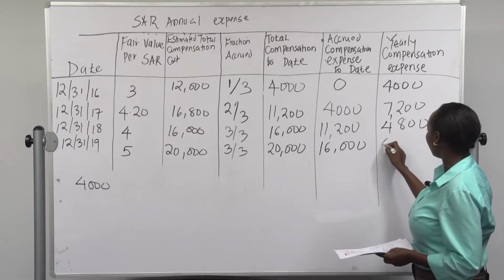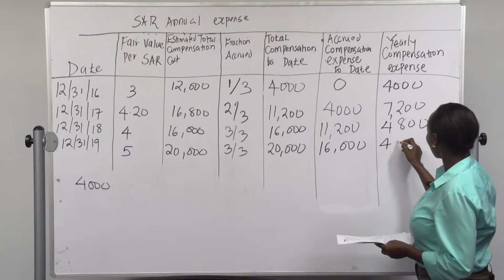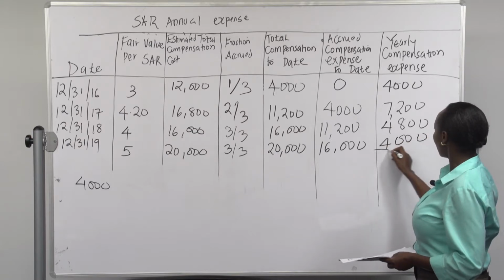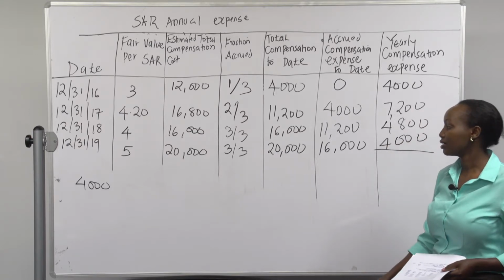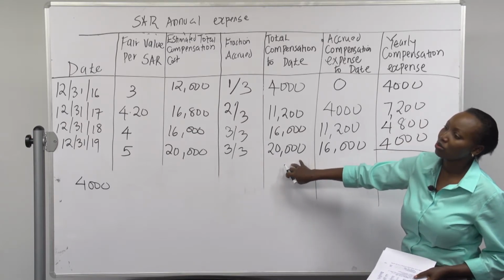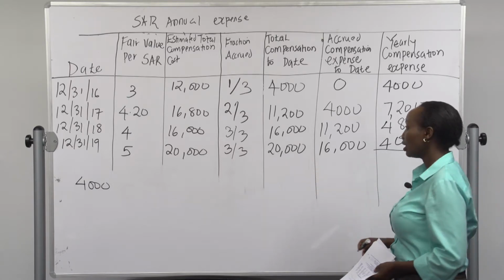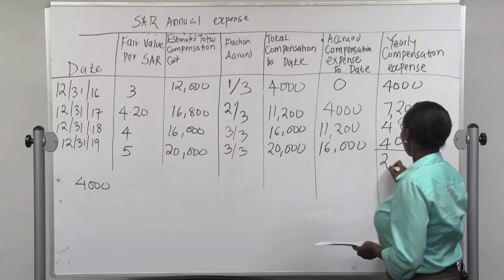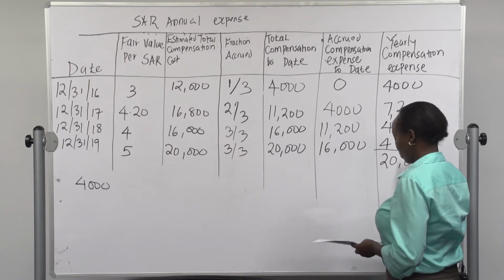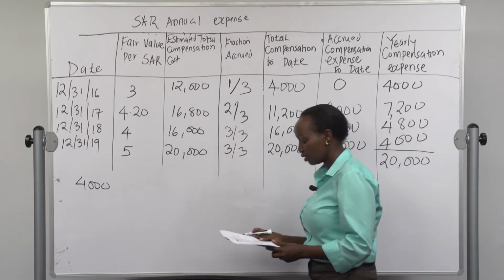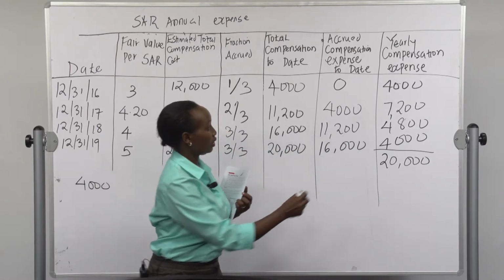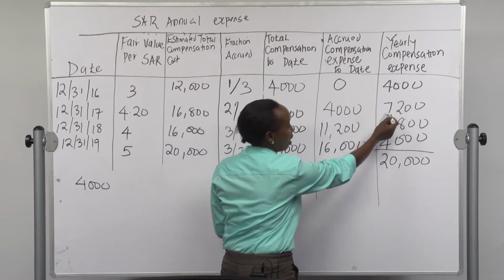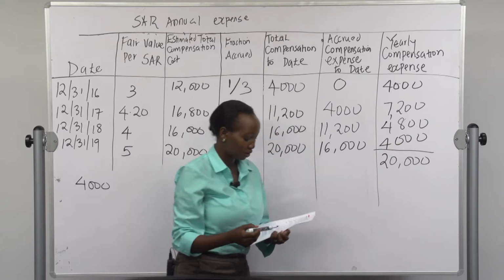And then we have 4,000 for the last year. When we sum all this together, it adds up to 20,000, which was what it was at the time that Mr. Brandt exercised these options. So we have 20,000 total, in which these amounts relate to each of the years.